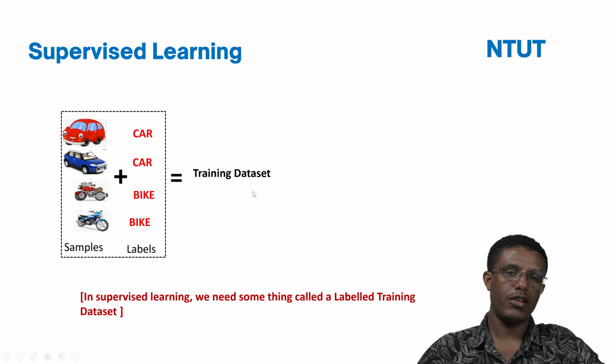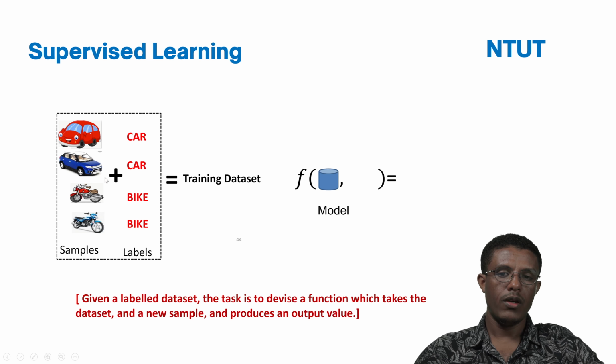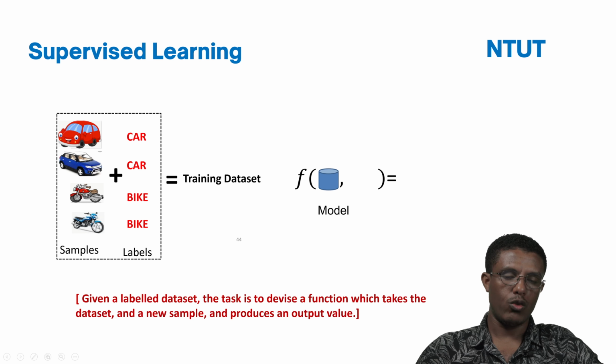This training data set is input into the algorithm, and the algorithm tries to predict whether this one is a car or a bike. So this is the labeled data, or training data set. Next time, if you want to predict, for example, images of cars or bikes, we need to give this type of data, train the model, and then try to predict.